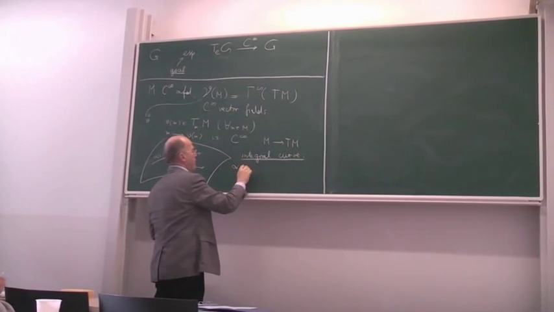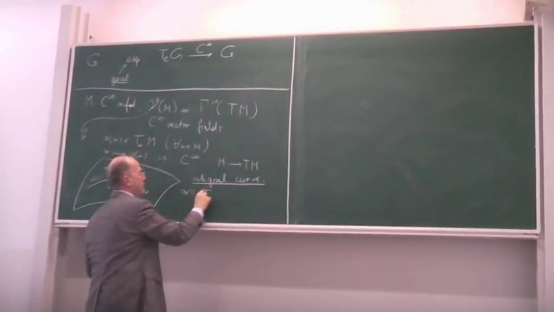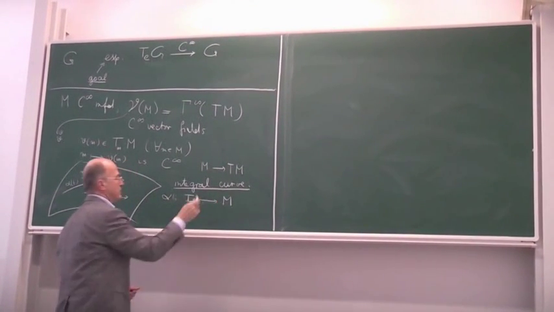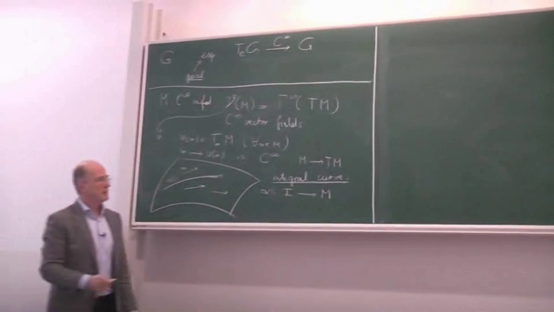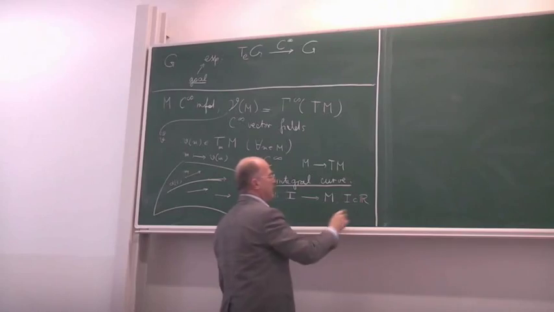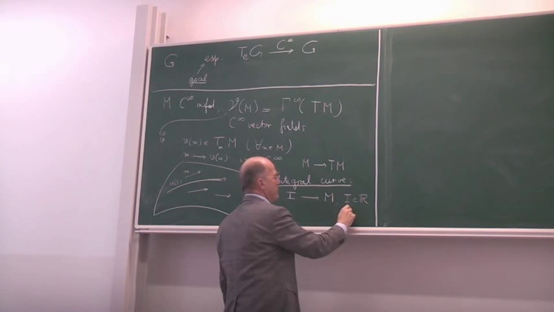it's a smooth map alpha from an interval I to the manifold M. The interval should contain 0.